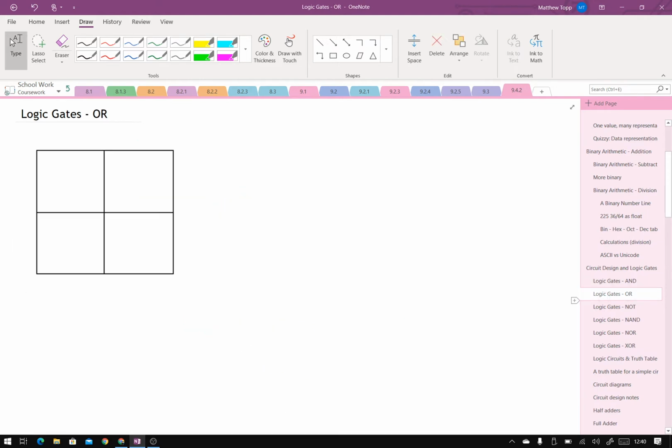The second one we have to deal with is an OR gate. Once again, I've got the logic there. Once again, let's just think about this in terms of something that we already know. So let's draw our diagram from science. Once again, we've got our light globe. Okay, so for this light to turn on, what needs to happen?